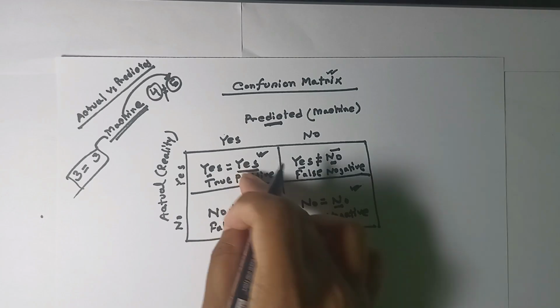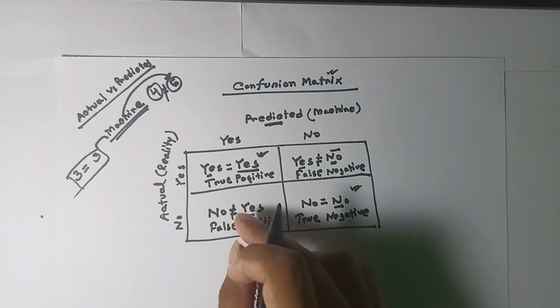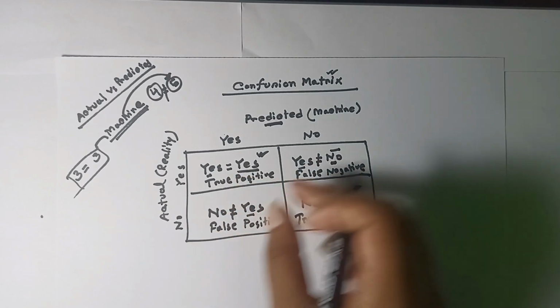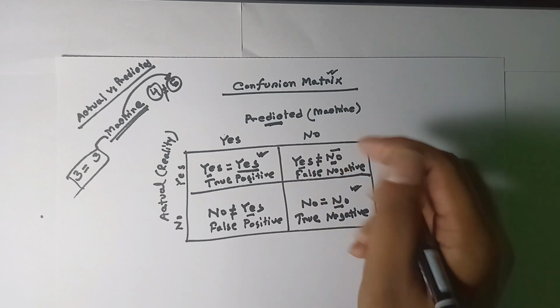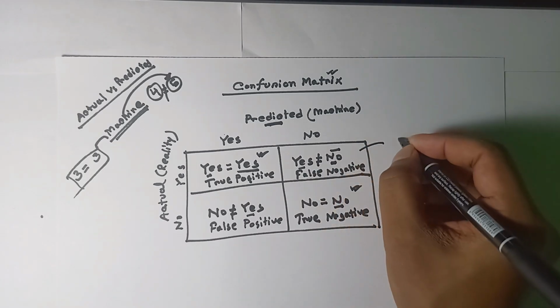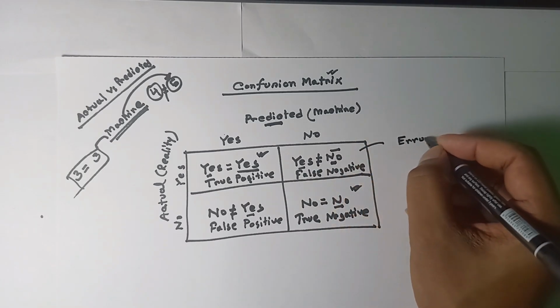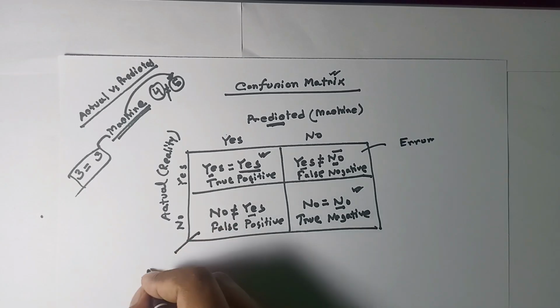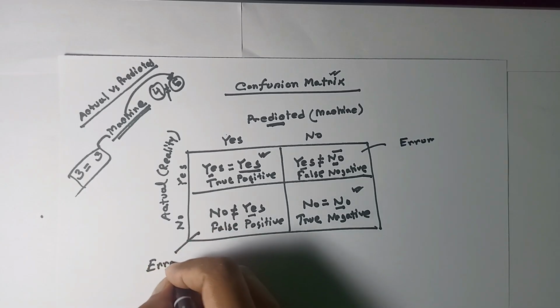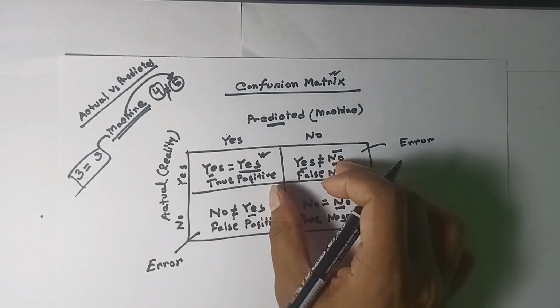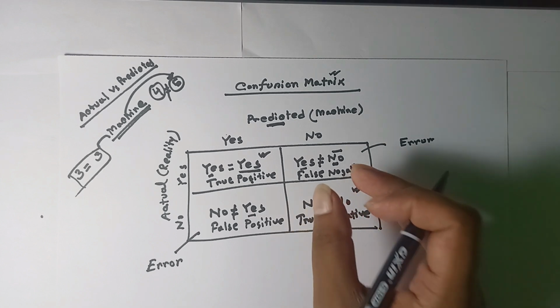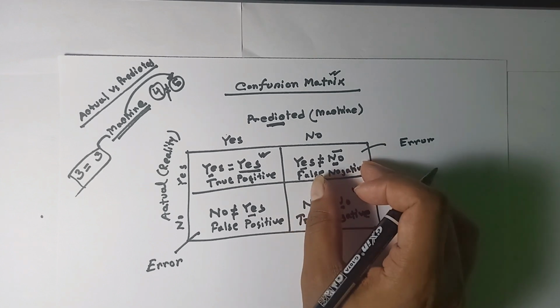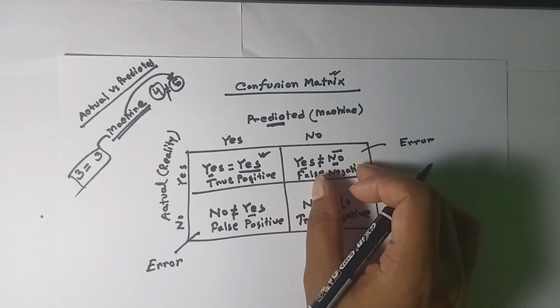So these are good things, right? But these two are not predicted correctly. So these are errors. These two are not such a common error. These are great. These are very famous errors.